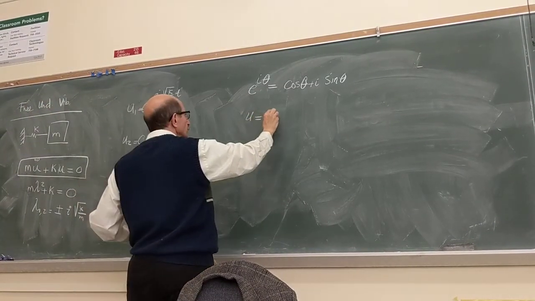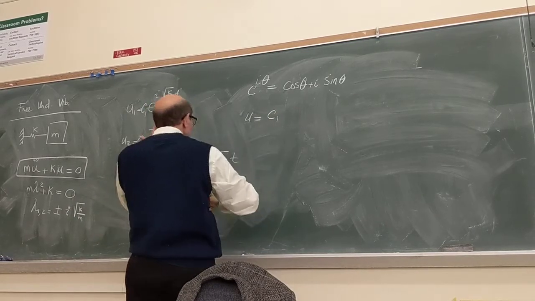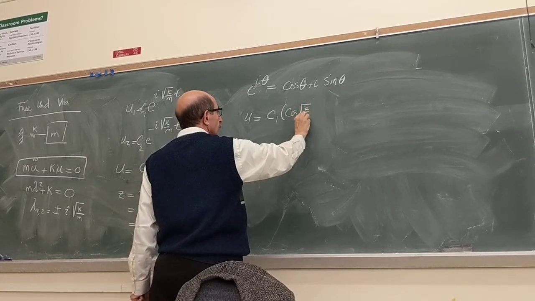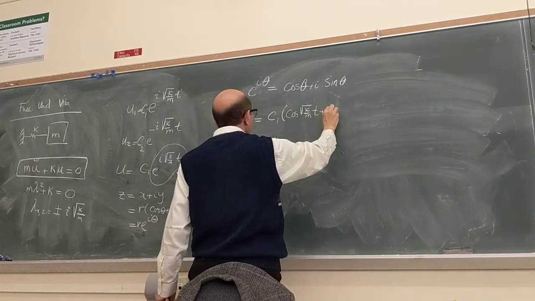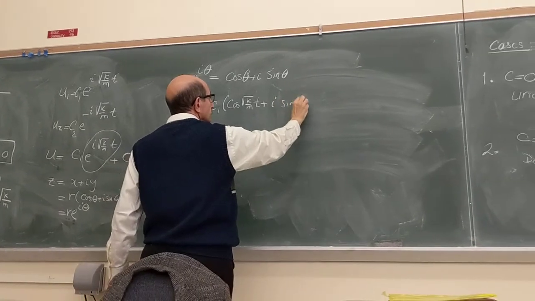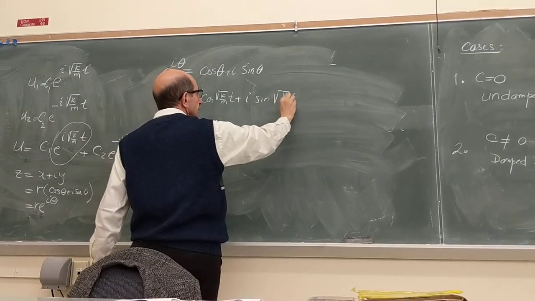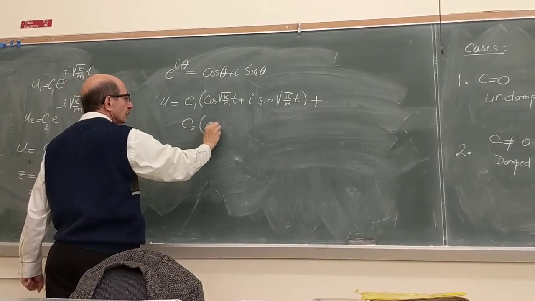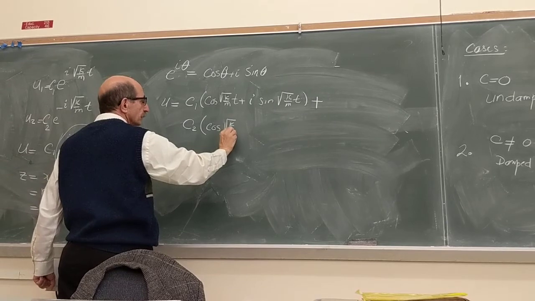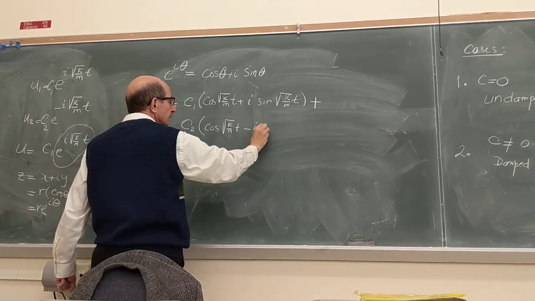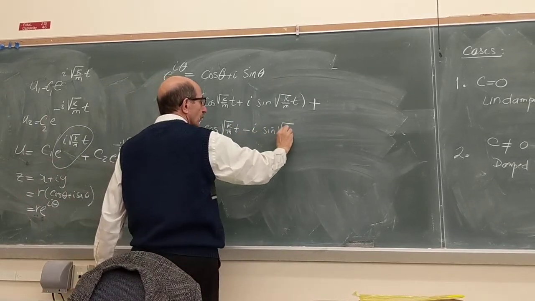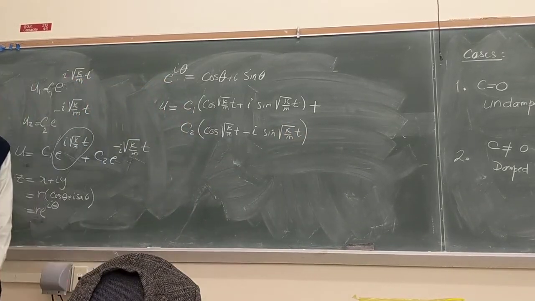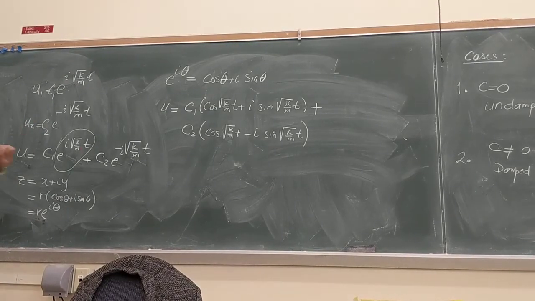So u would be C1 times cosine of square root of k over m t plus i sine of square root of k over m t, plus C2 times cosine of square root of k over m t minus i sine of square root of k over m t. So that is the solution. We can further simplify that.